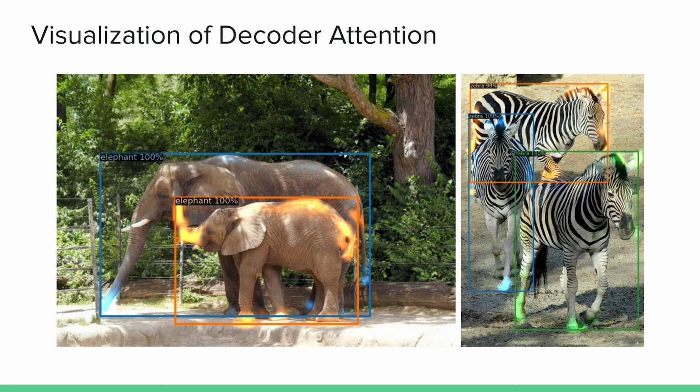When you visualize the decoder attention, you understand that this model of doing object detection with transformers is really powerful in that it understands the input image in a really nice way. For example, for these images where you have occlusion in your input, you can see where the network looks.